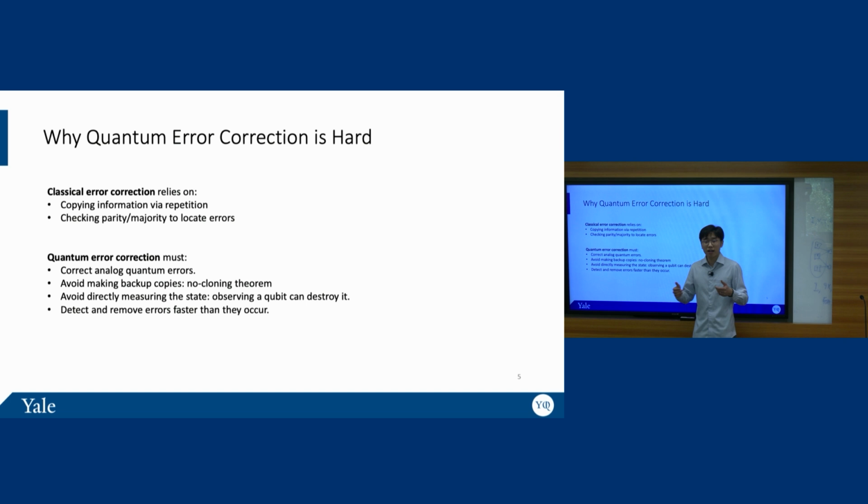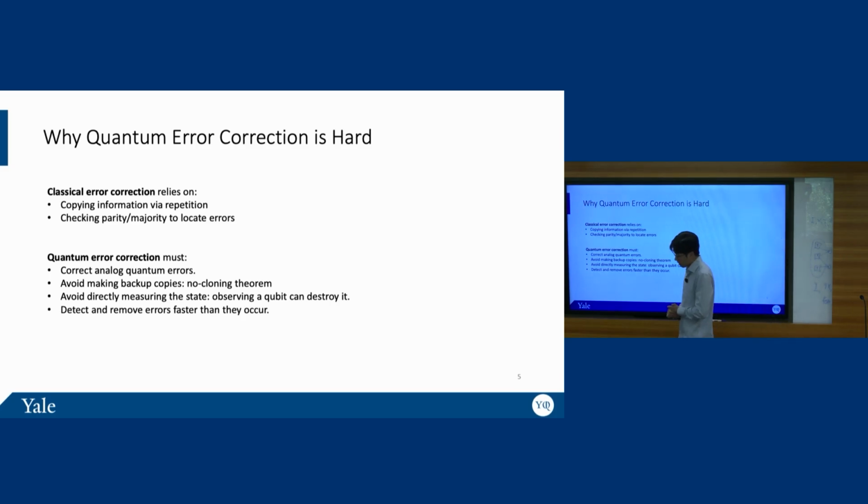But this boils down to some principles of classical error correction: you can encode or copy information redundantly via repetition. And by checking the majority or parity of the multiple locations where you store the information, you can tell where an error occurred. You can localize and detect them and correct them.